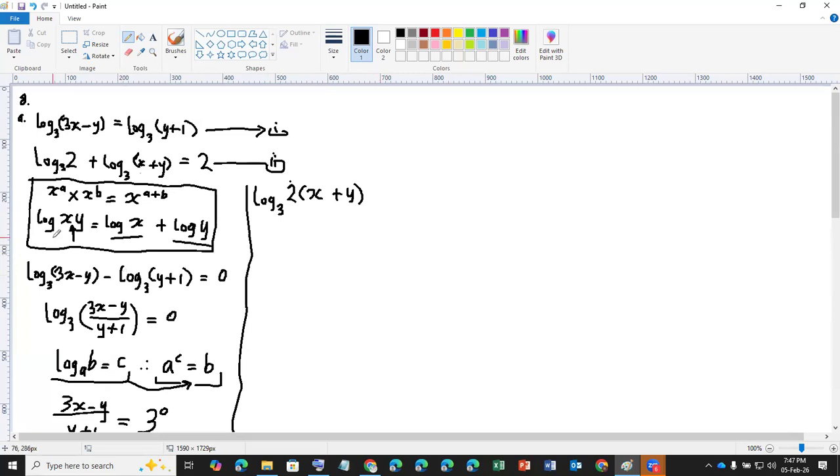If you look at the addition law, the good thing about laws of indices and logarithm is that you can move from the left hand side to the right hand side and vice versa.